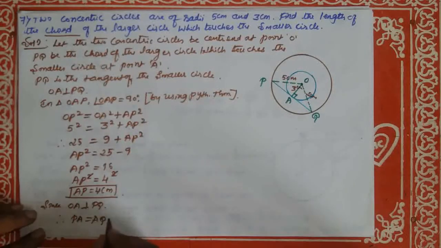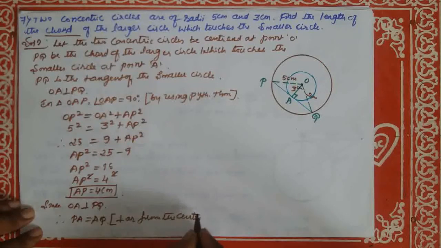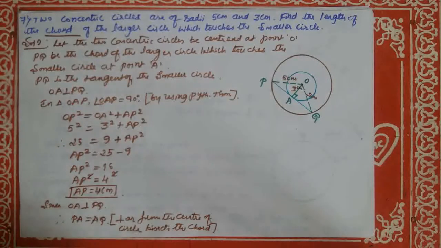Understand? The perpendicular from the center of a circle bisects the chord. This sentence is very important.